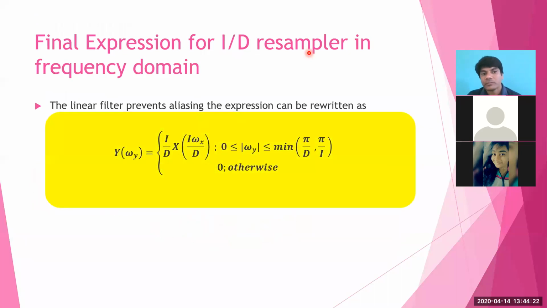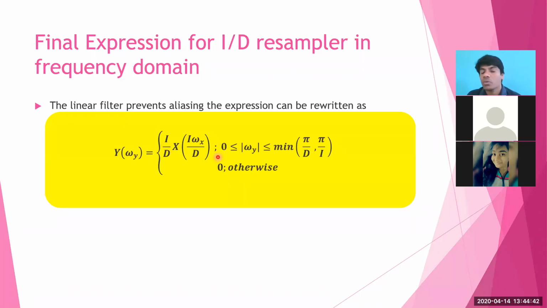And as I just told you, this particular expression is because we are using an anti-aliasing filter, which in fact will remove all the images or all the aliases of the actual spectrum.